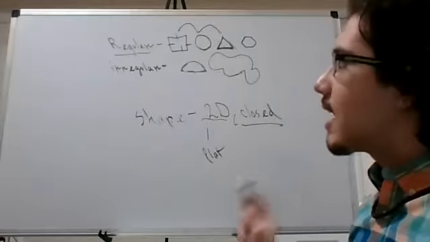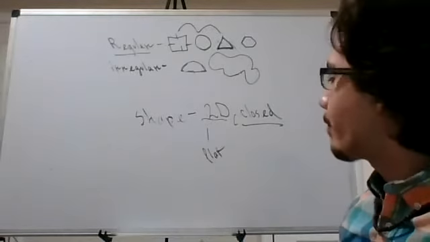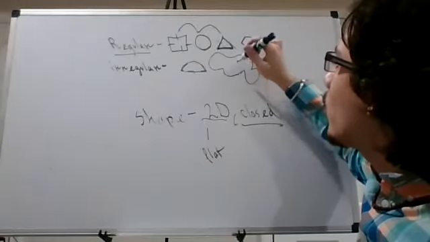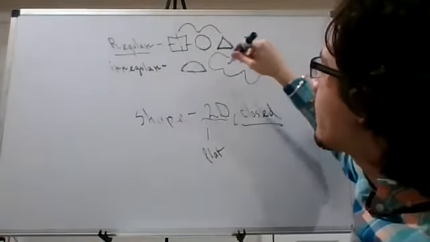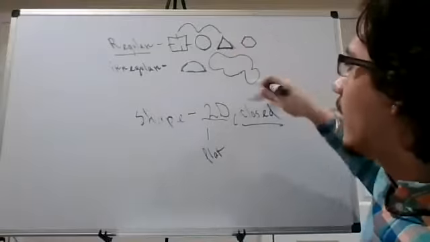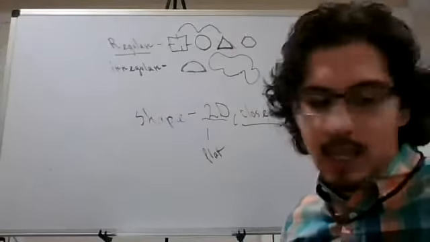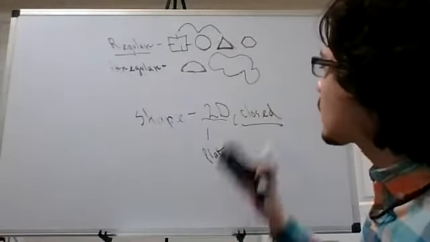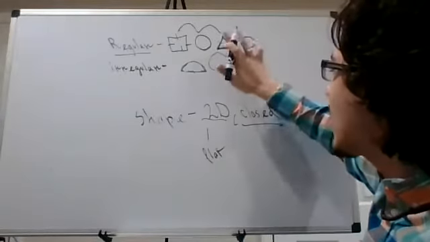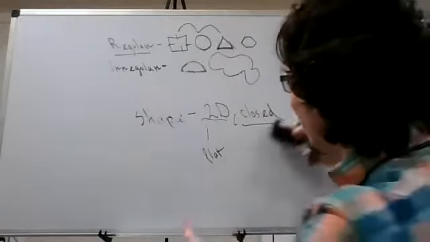So the purpose of geometry, well, one of the purposes is that we can look at this shape and use other shapes to figure out how big this shape is or how long it is, and we'll talk about that in just a second. So we know that a shape can be anything as long as it's flat and it's closed.